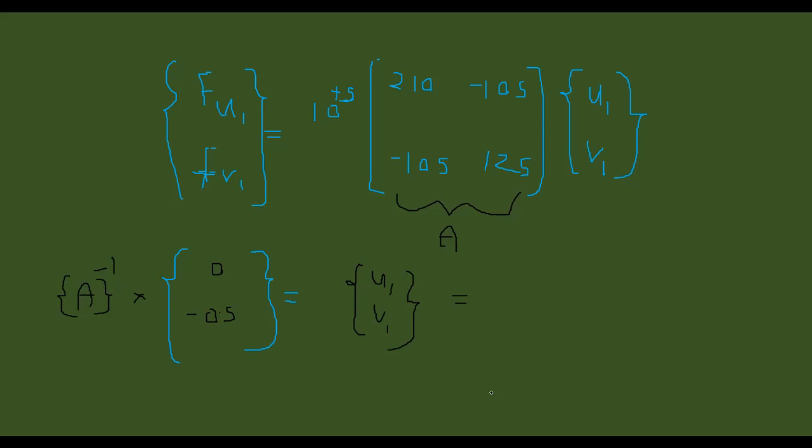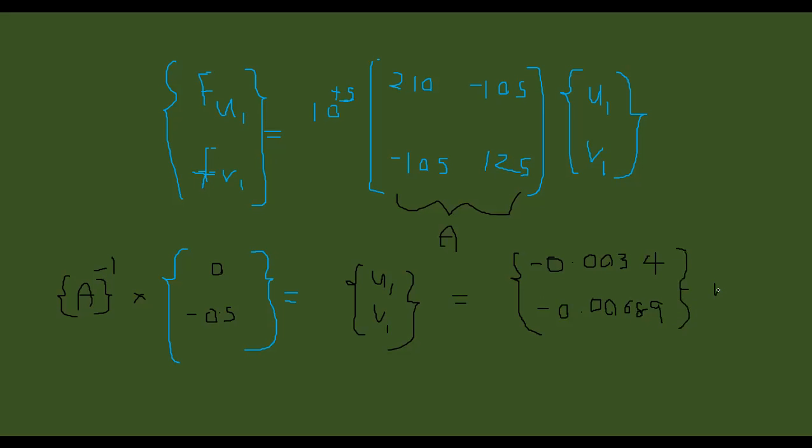if you get it, you will obtain minus 0.0034 meters, and the second one is minus 0.068.